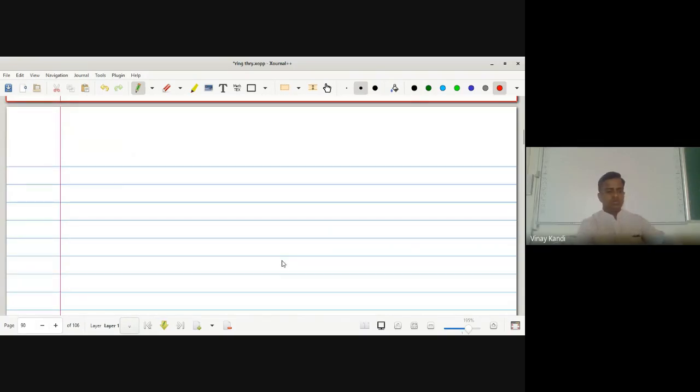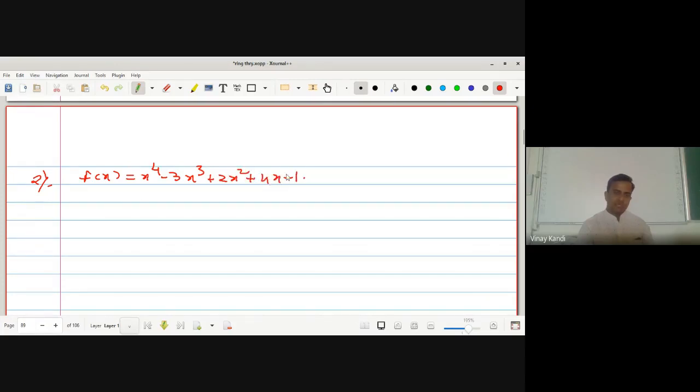Solve for this homework. Second. f of x is equal to x raised to 4 minus 3x cube plus 2x square plus 4x minus 1. g of x is equal to x square minus 2x plus 3.